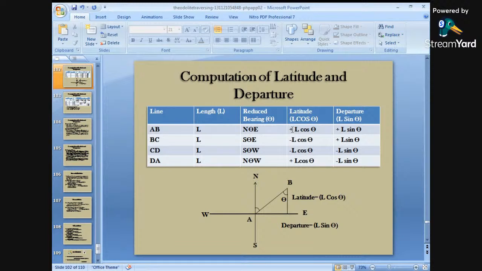Whenever north is coming, you take it positive. In case of east, it is positive. In case of south, it is negative. In case of west, it is negative. So this is how you give the notations, positive and negative.